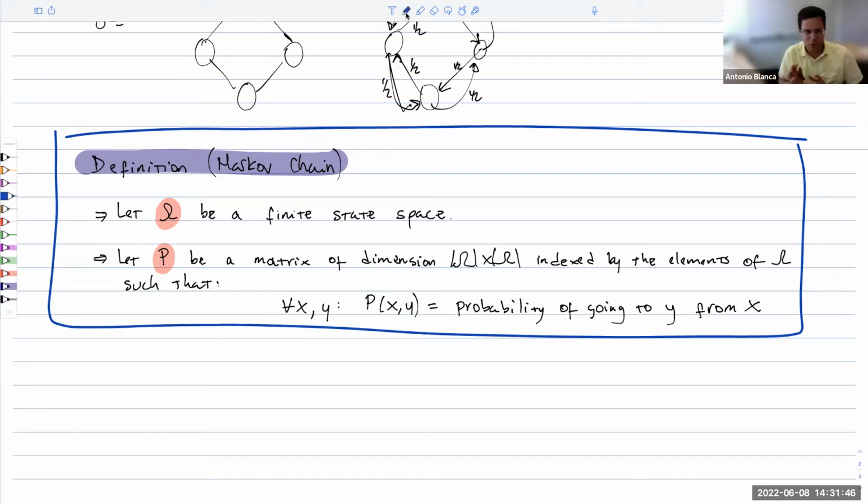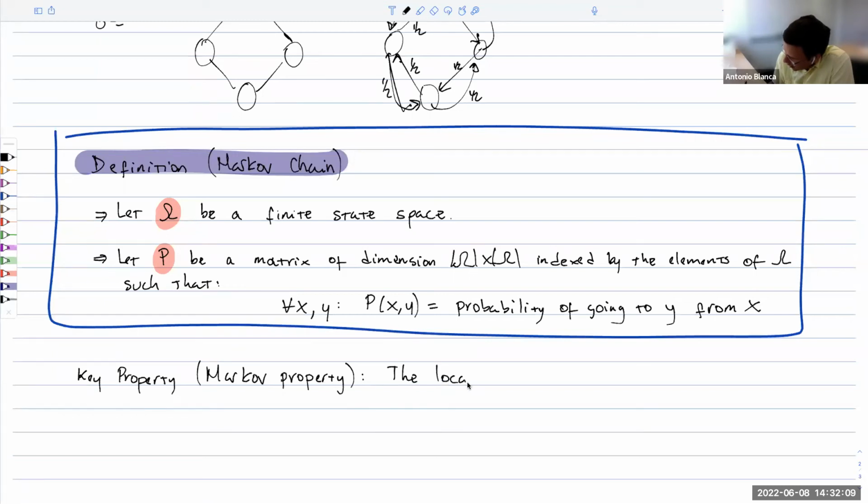So let me give you one key property that this process has, the Markov property, hence the name. Essentially it says that the location at time t+1 only depends on the location at time t. It doesn't matter how the process got to time t. To determine the location at time t+1, all that you need to know is the state of the chain at time t.